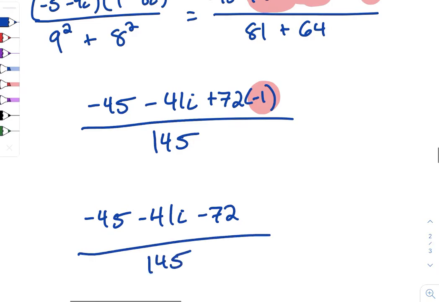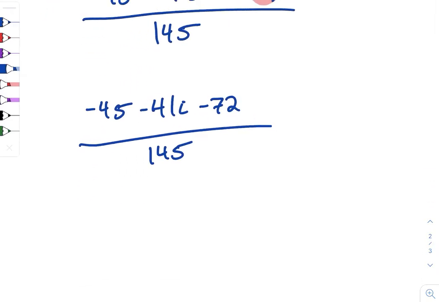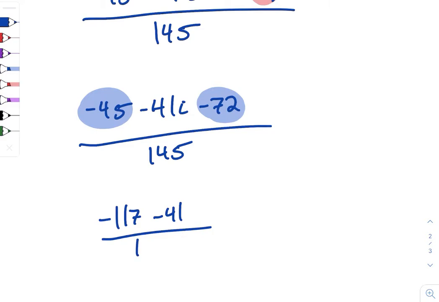And then I now can combine the minus 45 and minus 72 to get negative 117. So negative 117 minus 41, I'm sorry, it's minus 41i.